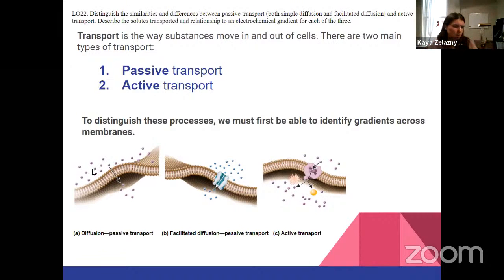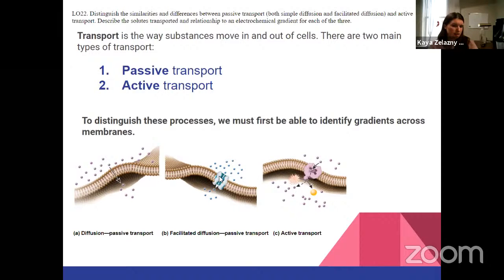So in this case with the purple ones, we'd count a lot of purple molecules here outside the cell. This is a depiction of a high concentration outside the cell. We don't have that many purple molecules on the inside, so low concentration inside the cell. And we can see this in these other situations as well.